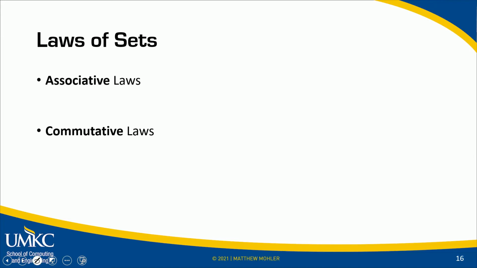So the first thing that we'll look at is some of the laws of sets. You'll notice I have two categories here, the associative laws and commutative laws. If you remember from basic math, these are pretty much the same thing.